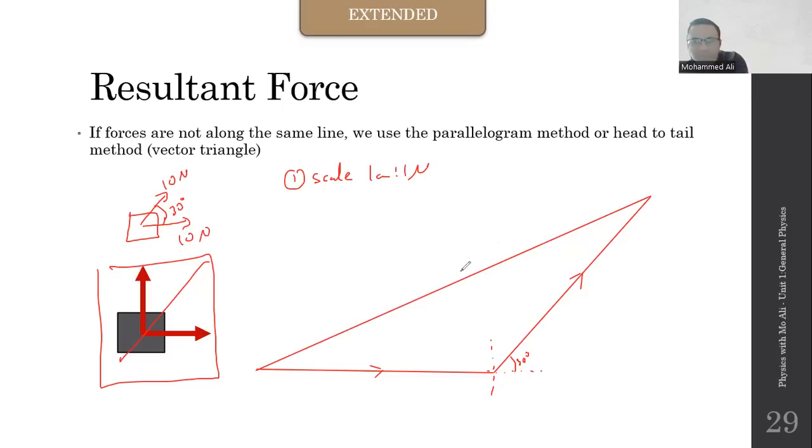This is going to be a big line, and it's about 18.4 centimeters. So the resultant is 18.4 newtons. And what's the angle? We measure this. This should be about, I'm really not sure, but let's say halfway between the two, at 15 degrees. So we're going to say the direction is 15 degrees to the horizontal.